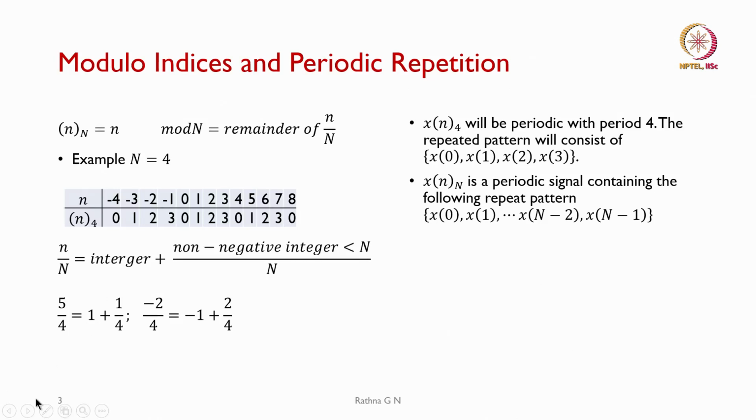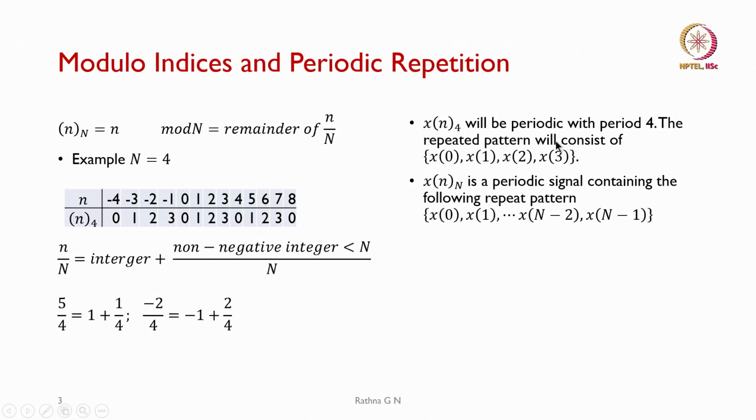As we can see here, any n modulo capital N, where capital N is our length of FFT, is equivalent to n itself. What does it mean? That is, n mod N is nothing but the remainder of n divided by N. In this case, x of n, if we have 4 samples, we say that it is periodic with period 4.